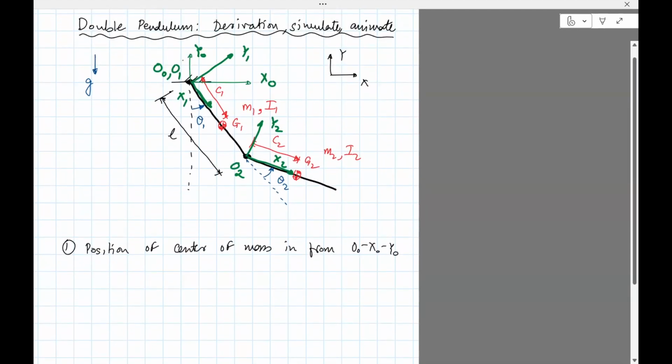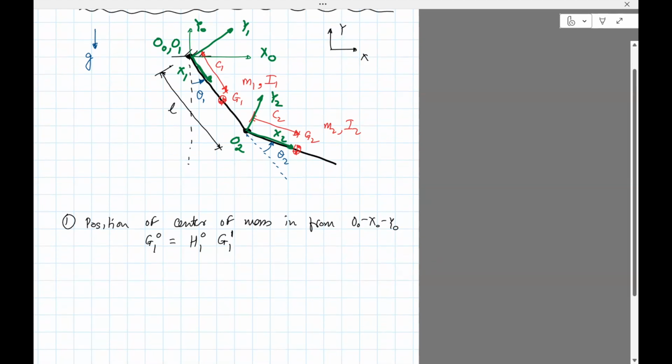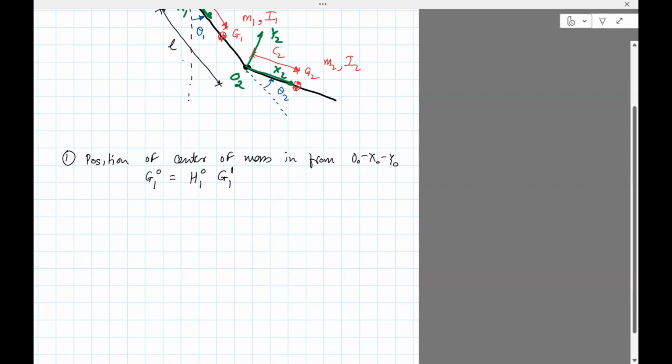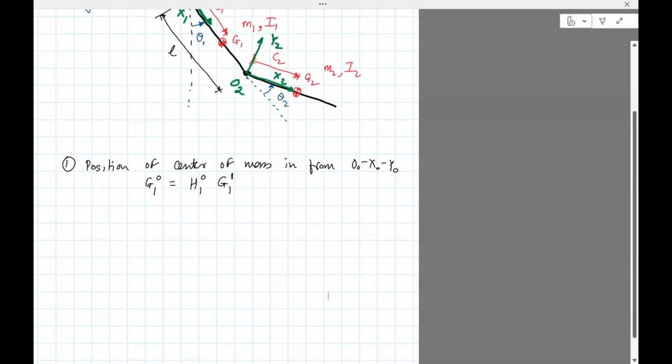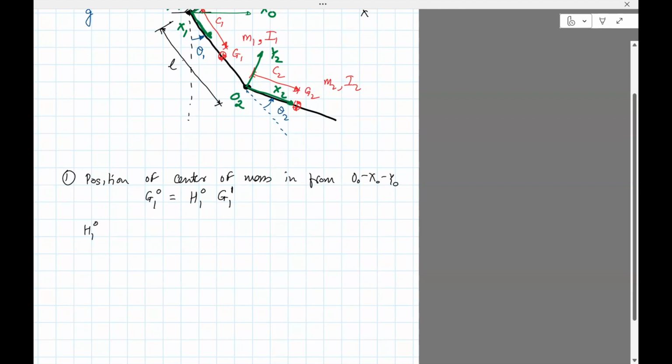Okay, so if you remember, if you want to find the position of the center of mass, that will be G1 in frame 0. That would be the homogeneous transform relating frame 1 to 0 times G1 in frame 1. And in this case, H10 is basically a formula. It's R10, O10, 0, 1. And we can expand that out.